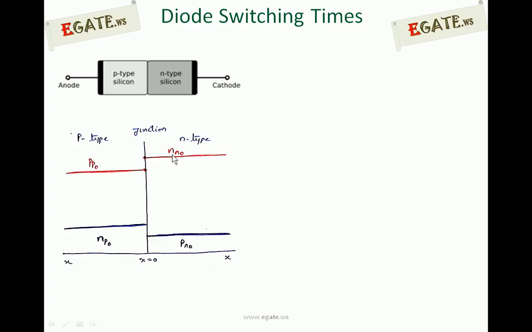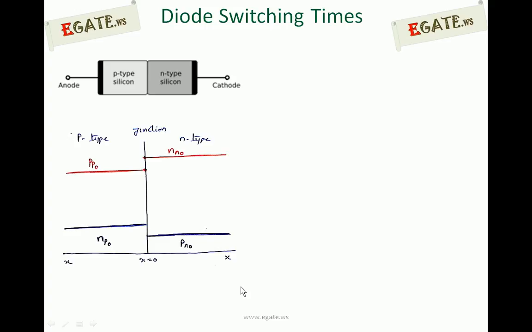Nn naught is electrons in n type under equilibrium, they are majority carriers. Majority carriers are drawn with a red line, whereas minority carriers are represented with a black line. Np naught is electrons in p type under equilibrium, they are minority carriers in p type. Pn naught is holes in n type under equilibrium, they are minority carriers in n type.